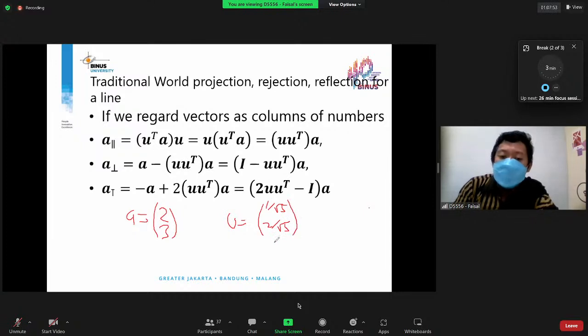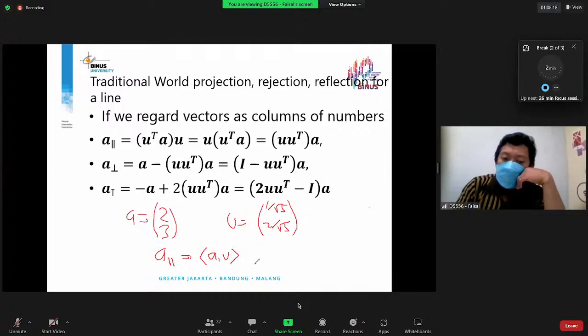Yes, this is a unit vector. From the formula in the propositions, the projection is the dot product of A and U, multiplied by U.